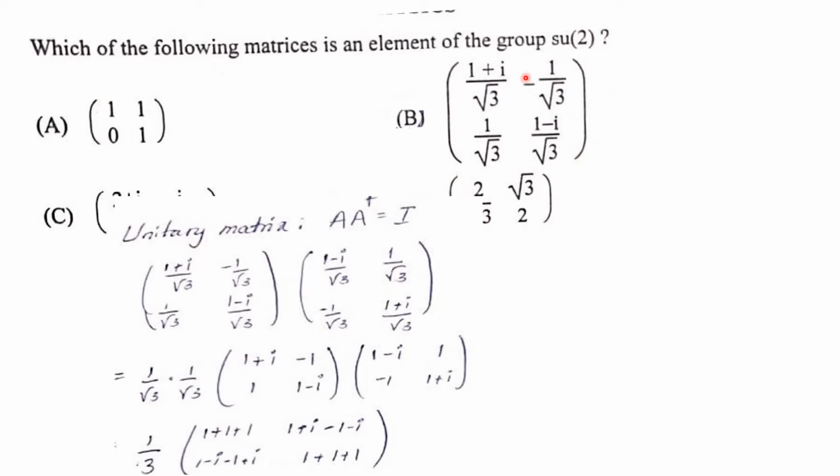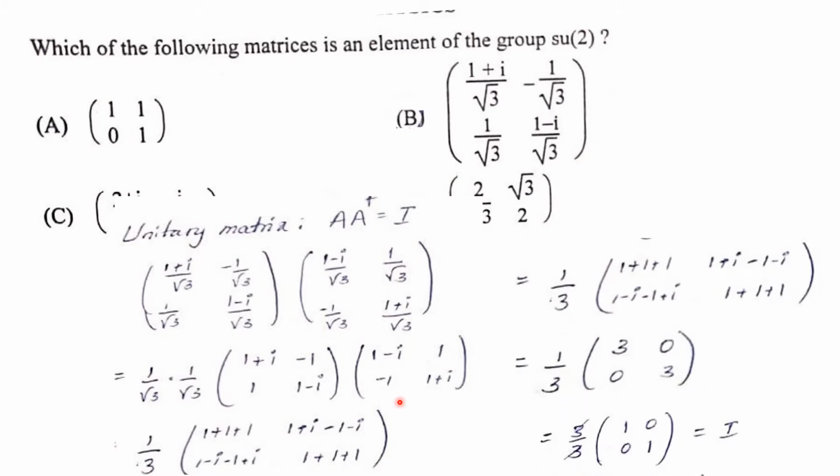Here 1 minus i by root 3, minus 1 by root 3, 1 by root 3 goes here, 1 plus i by root 3. Simplifying this one, you will get unit matrix I. Therefore, here B belongs to group SU2.